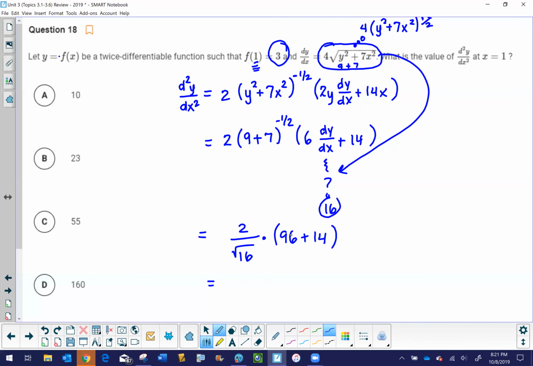So whatever 96 plus 14 is, which is 110, would be divided by 2, right? What is that, 55? Boy, is that a choice? I'd be happy if it were, and 55 is definitely correct. So good, guys. Nice.